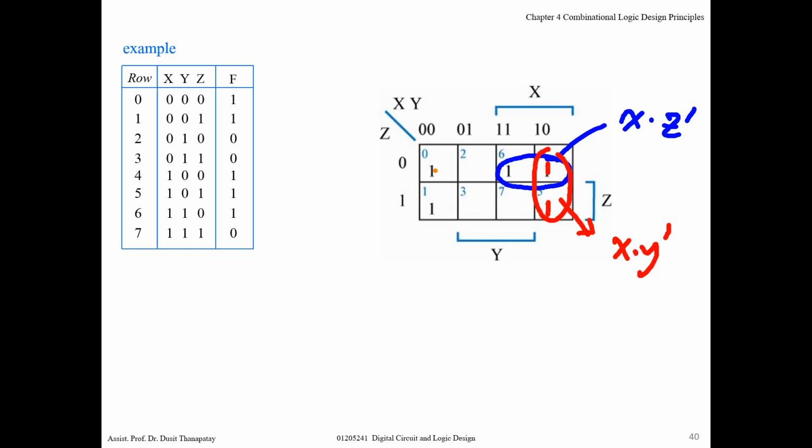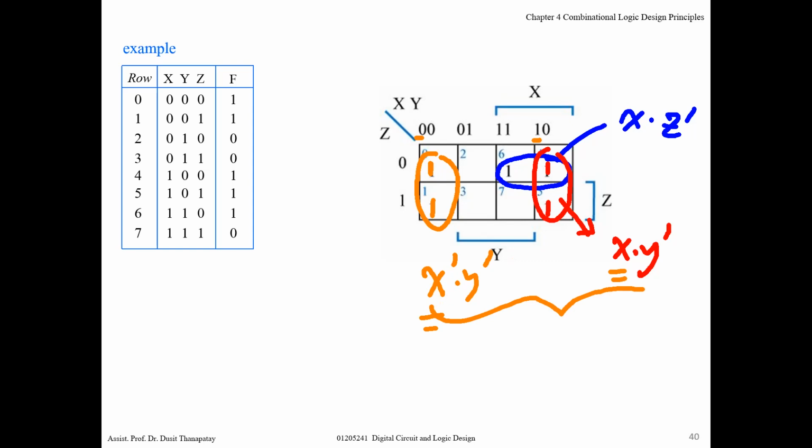And how about this one and this one? This one and this one, okay, you can group them together. The product term of these two cells is x, y, 0, 0, right? Then x prime and y prime, okay? Z disappears because this cell z is 0, this cell z is 1. Oh, note x prime x, okay? The most left and most right are actually one bit different. Namely, the value of x is 0 here and 1 here.